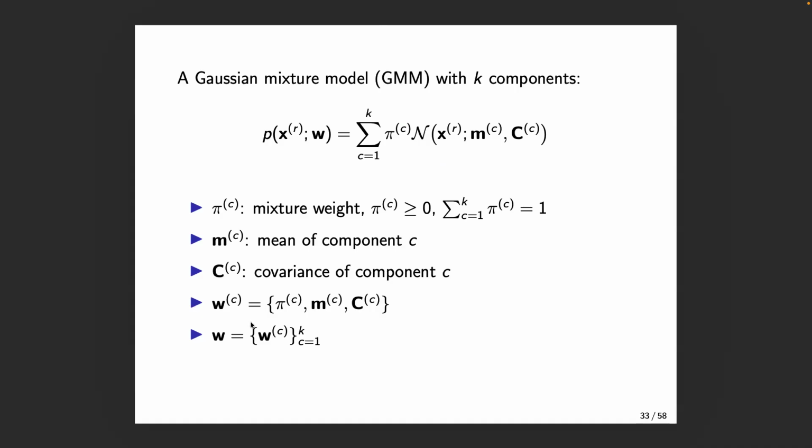We're going to collect all of these parameters for each cluster in a variable W_c, where c is just the cluster index. And then for all clusters, we're going to stack all these parameters and denote it as W, just for simplicity, so we don't have to write out all of these parameters all the time.